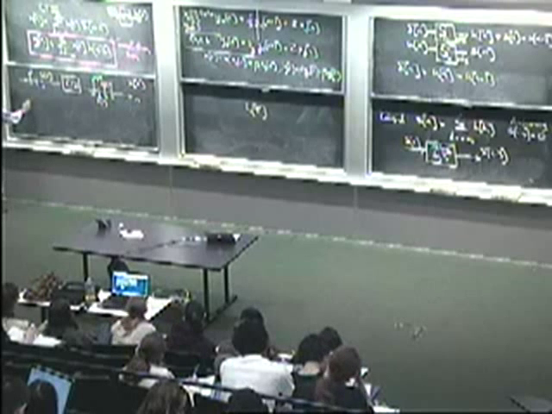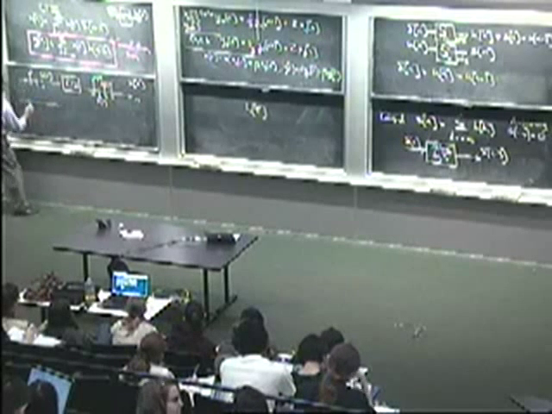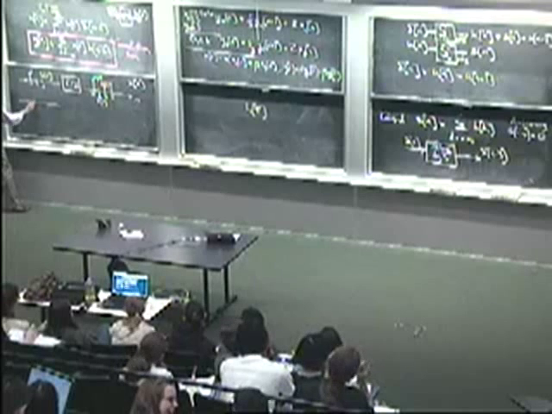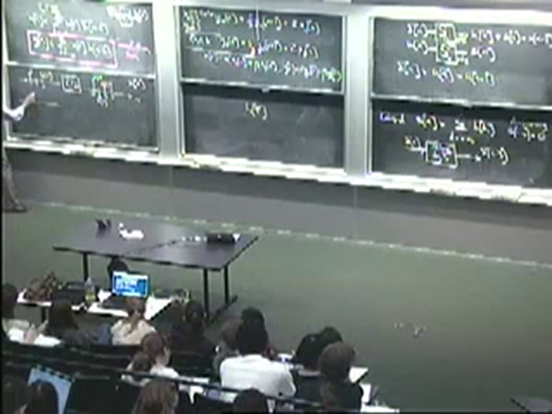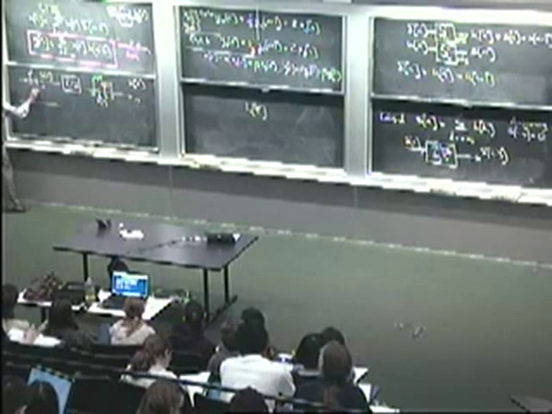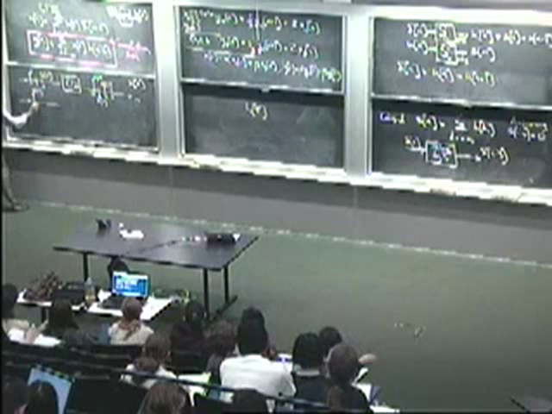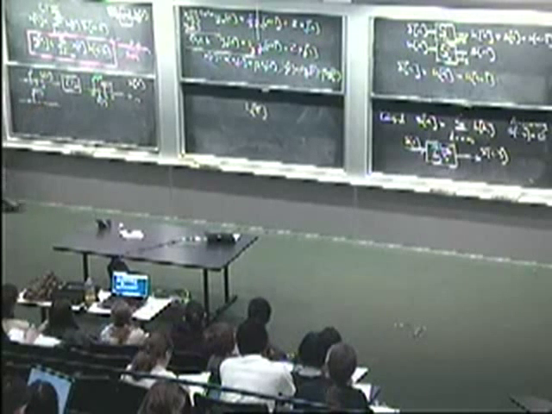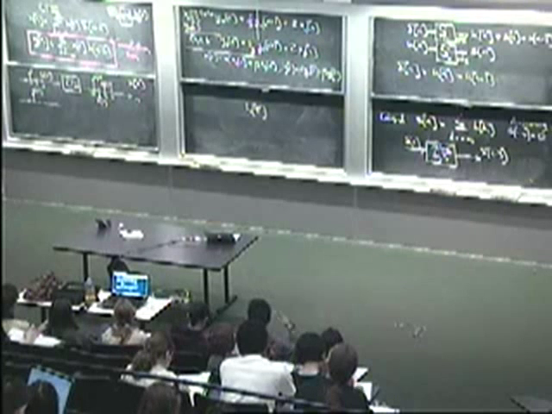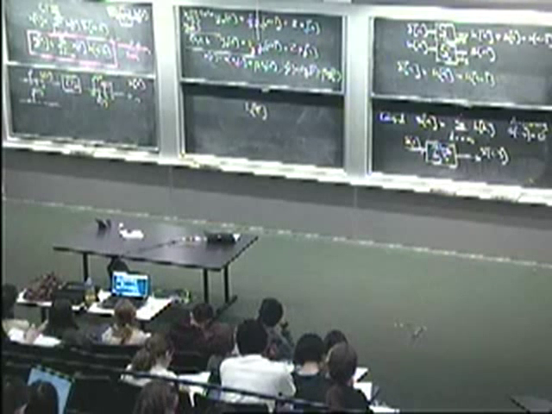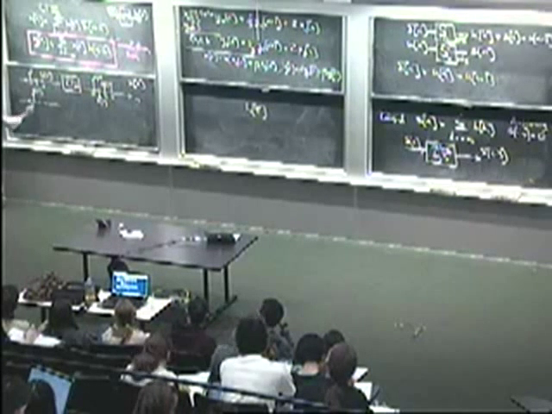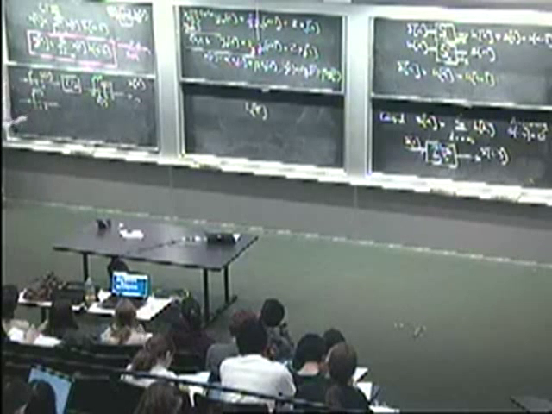Okay. What if what goes in is actually the value x[0] at this time and 0 everywhere else? What's the response in that case? So this is just a scaled version of the unit sample function.